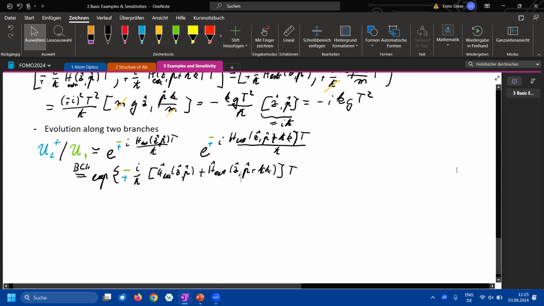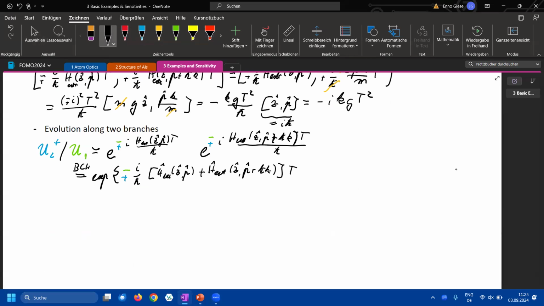So what we observe is that, oh yeah, and of course what I'm missing, I just missed that. I have e to the minus 1 and plus 2, this capital phi phase that I'm missing.